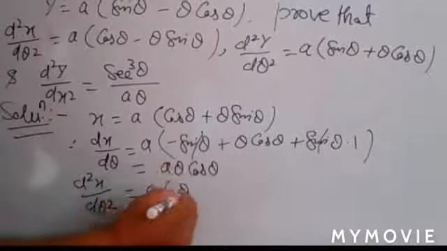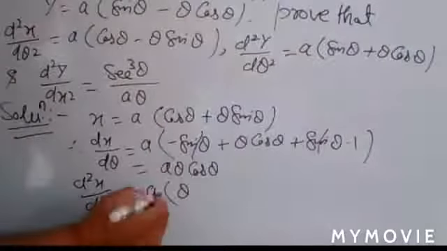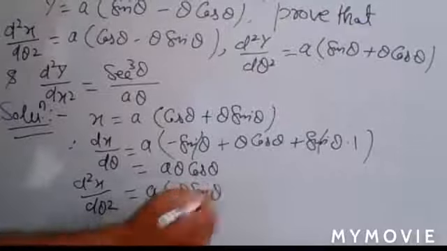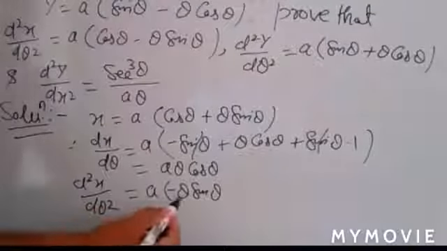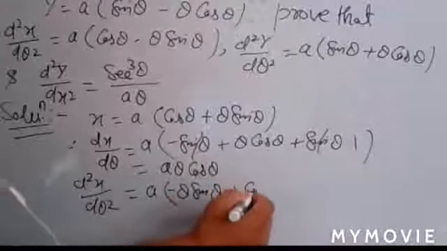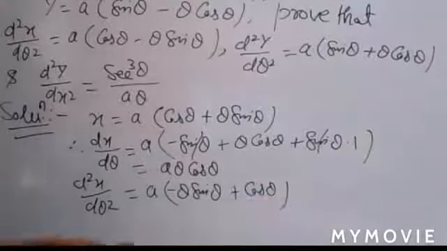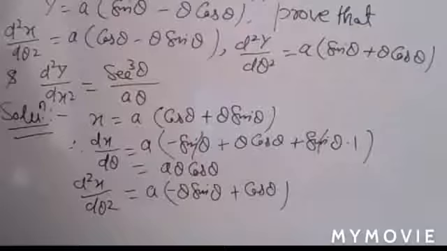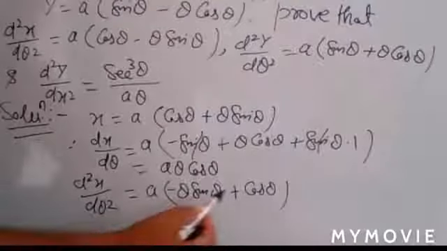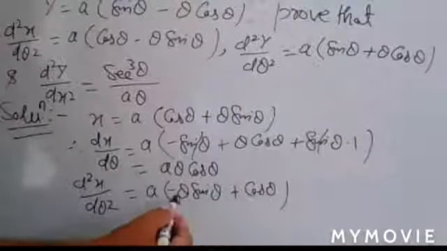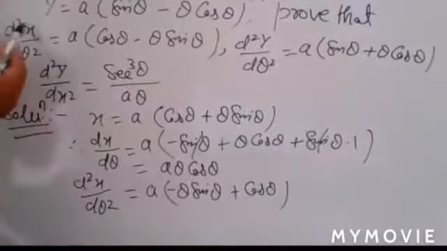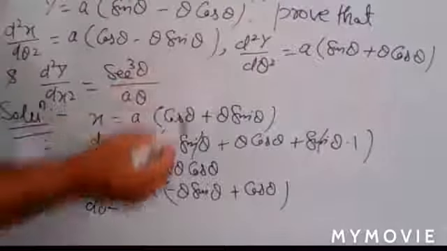First function times differentiation of second, which is minus sine theta, so write minus sine theta, plus second function, cos theta, times differentiation of first. Now check your result. Here you have a into cos theta minus theta sine theta, and your result is the same. So d2x by d theta 2, the first part, is proved here.